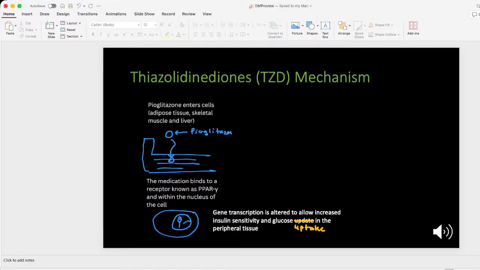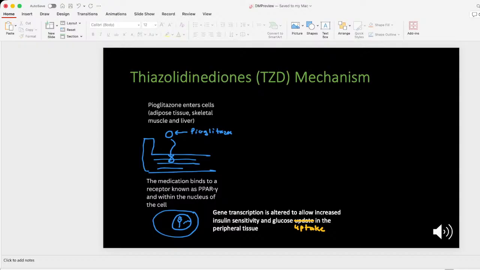This next one is basically like pure glutathione, and enters the cell. Again, kind of like muscle and liver. And then it binds to the inside part of the cell, which is where the DNA and those processes occur within the nucleus, and then it's going to increase that insulin sensitivity.